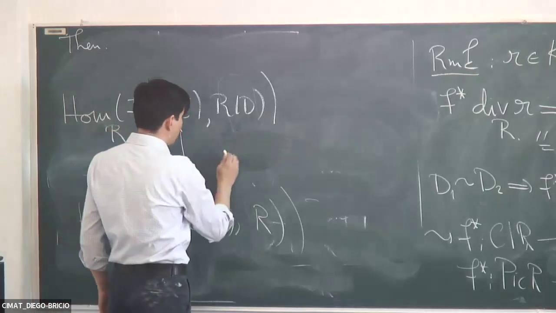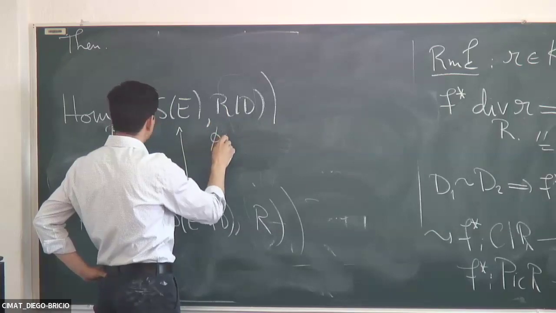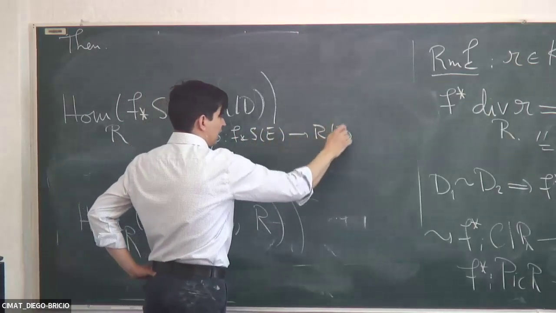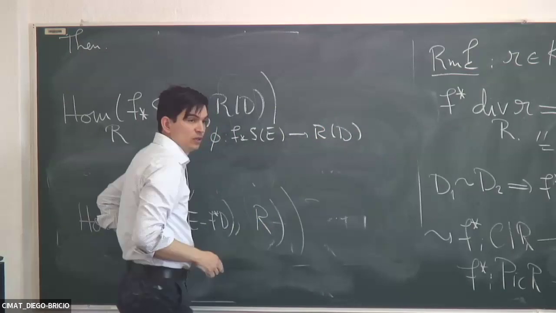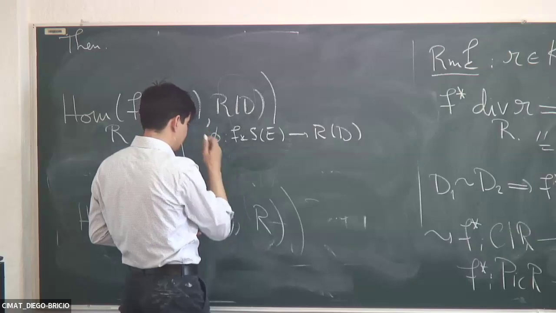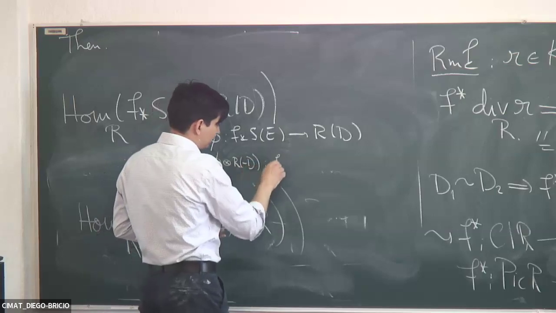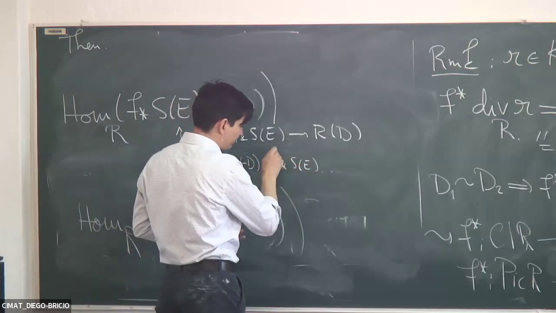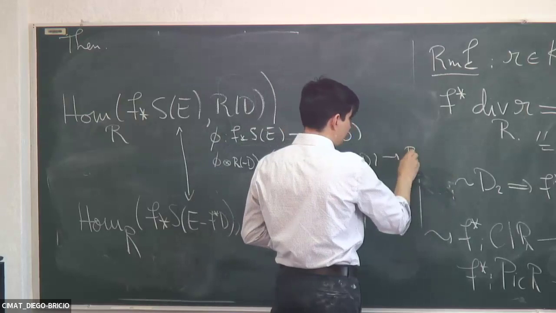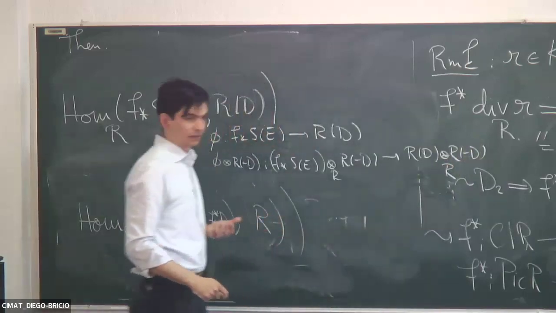How does this work? Well, if you have a phi here, let's take a phi that goes from SE to RD. How am I going to get rid of D? Well, I'm going to twist by its moral inverse. So let's take phi tensor R minus D. What is this? This in principle is this. It's very ugly.